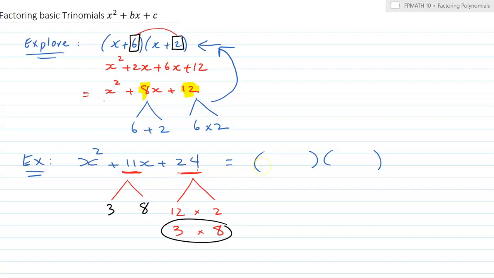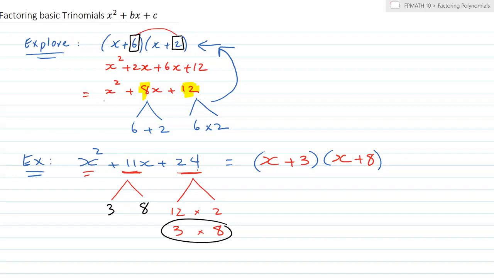Each of the brackets is going to have an x, because we started with x squared. And then the numbers that you add for the second term in each bracket will be plus 3 and plus 8. And that's how you do it. The important piece now is you check your answer.